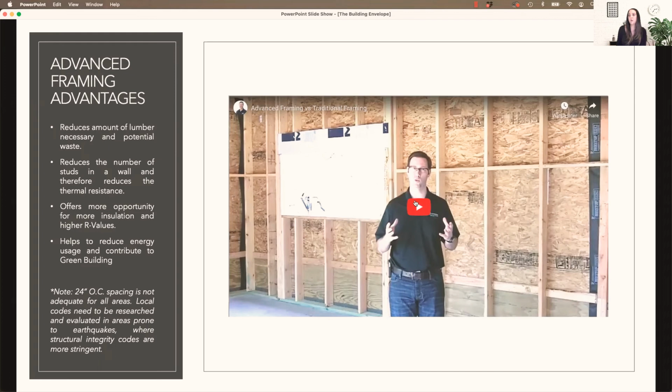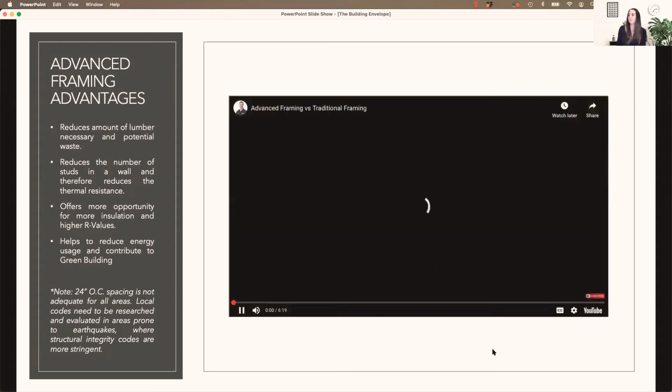He has a really great hands-on view of construction, and a lot of his projects are in Texas, so you will see some different variations of some of the things that we talk about based on the location of his projects. But he does a really good job here explaining the advanced framing technique.